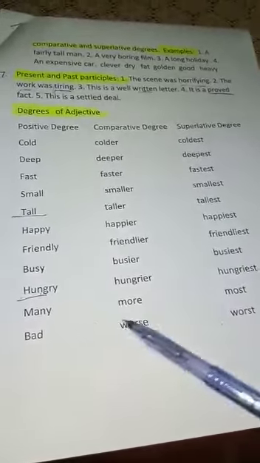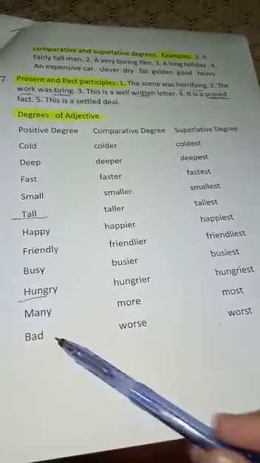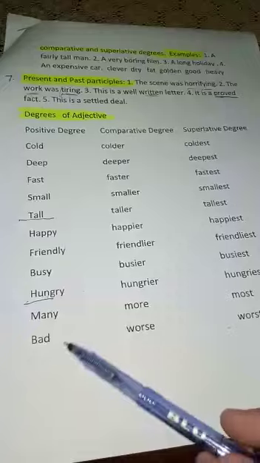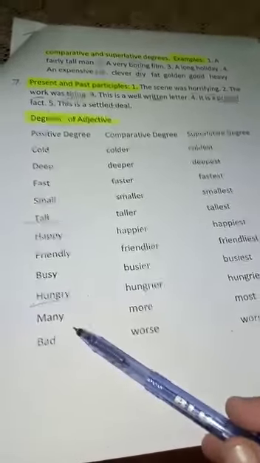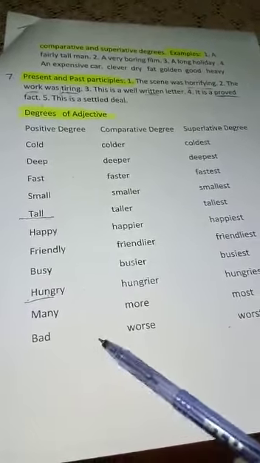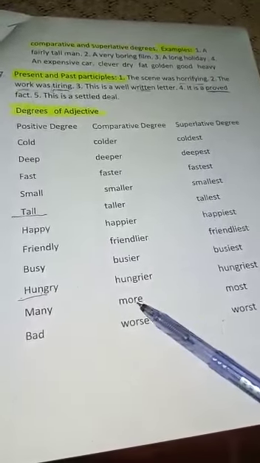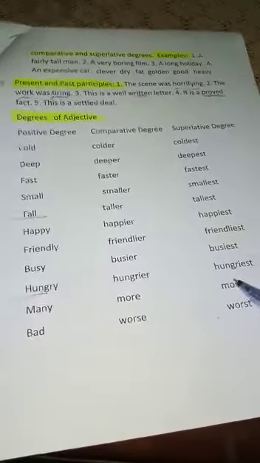Afterwards follow many, more, most, bad, worse, worst. The degrees of these adjectives follow a somewhat different pattern because the first degree of the adjective many is different, the second, more, is different, and most is different.